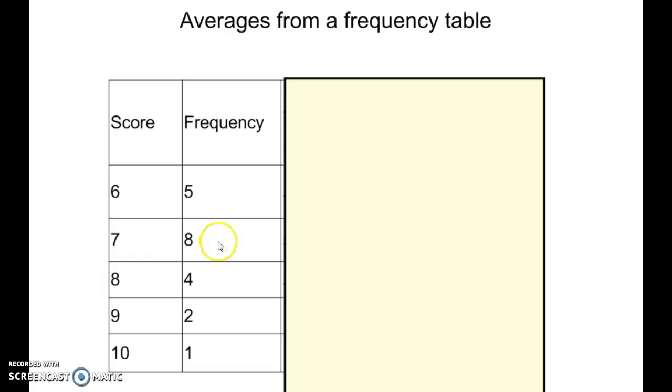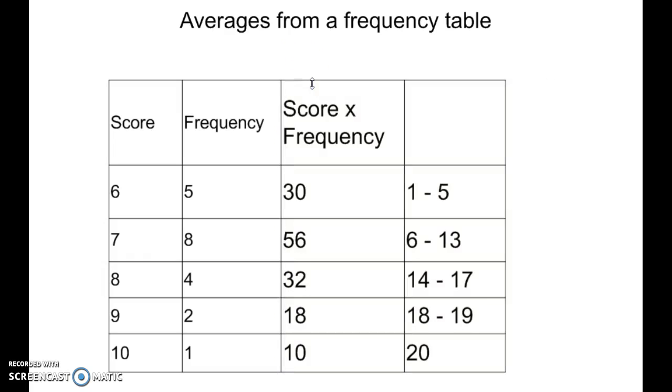So, looking at this even more closely, if 5 students scored 6 marks each, then between them they've scored a total of 6 times 5 marks. So when you get presented with a question like this, what I recommend you do is add an additional column, which is made up of the first 2 columns multiplied together.